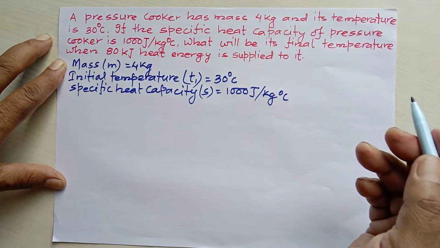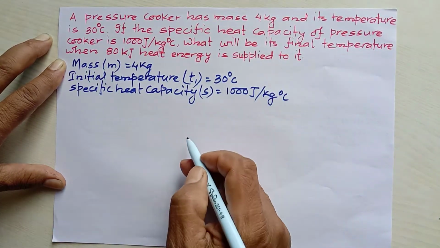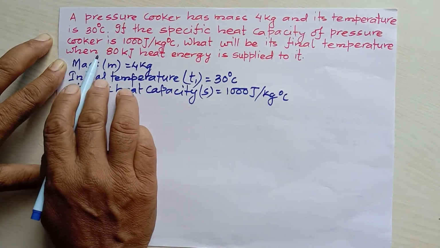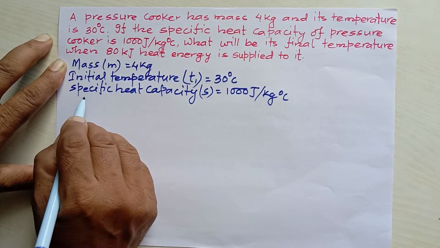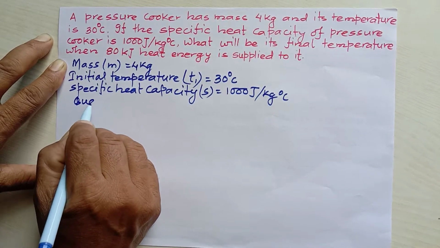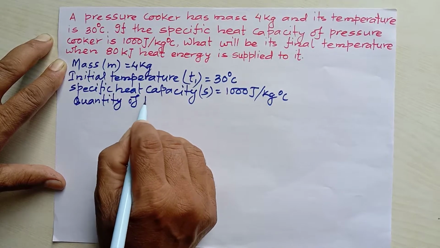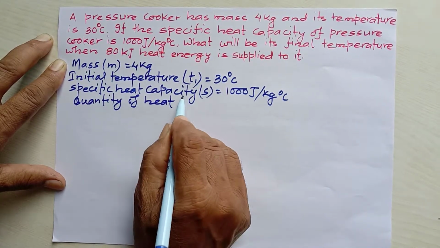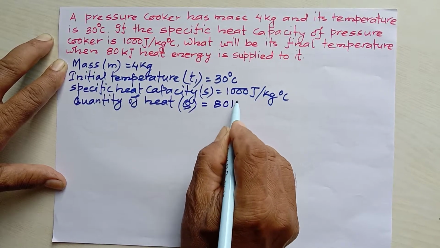What will be the final temperature? But the final temperature, this is the question, we'll write later. But before that, we have to write this: when 80 kilojoule heat energy is supplied to it. Heat energy or quantity of heat, denoted by Q. This is equal to 80 kilojoule.